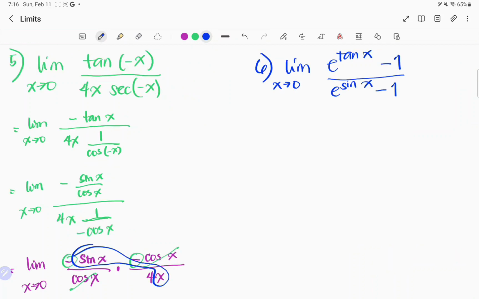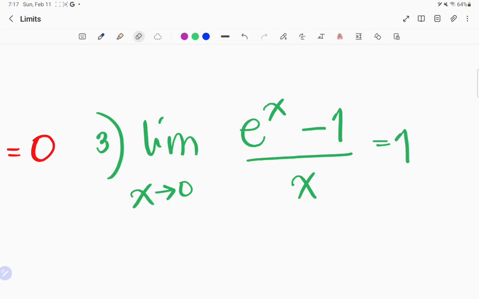Number 6, we have the limit of e raised to tangent x minus 1 over e raised to sine x minus 1 as x approaches 0. So I think we can apply the third special function.